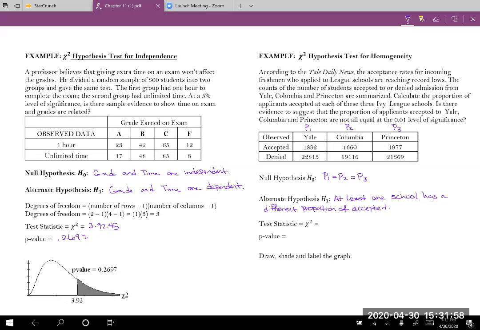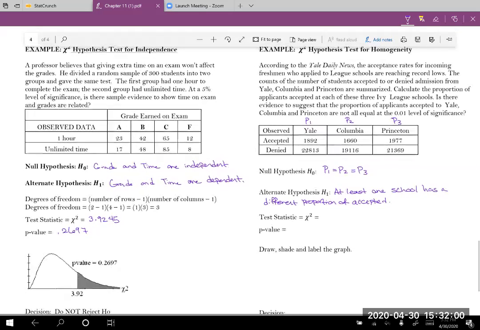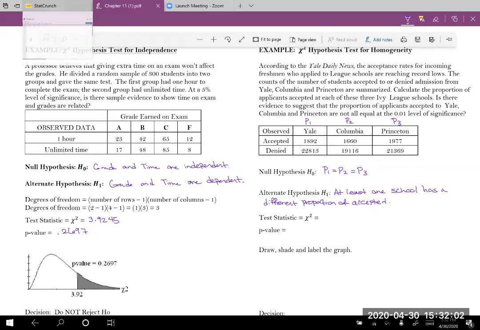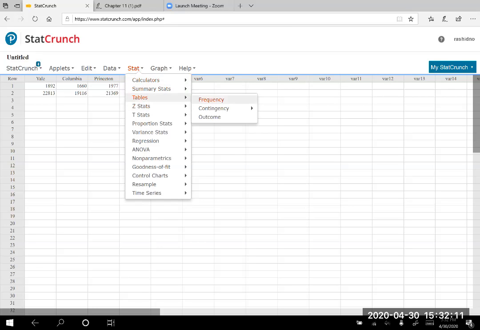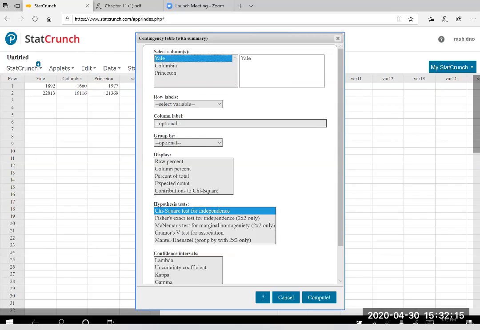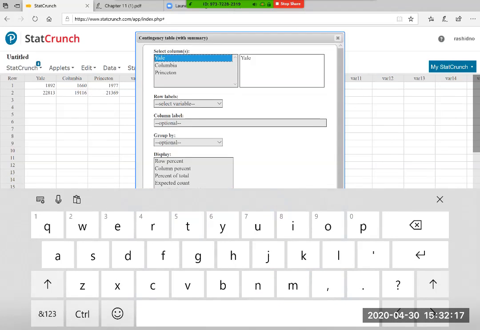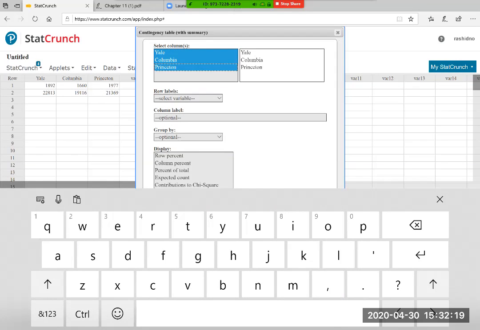So this is still a two-way table, a contingency table. So if you go into StatCrunch, you have to do the same thing. We enter the data. I did already for Yale, Columbia, Princeton. I go into Stat, and I go into Tables, Contingency, with Summary, and I have to select all the columns. Row label doesn't matter, it could be any of these.